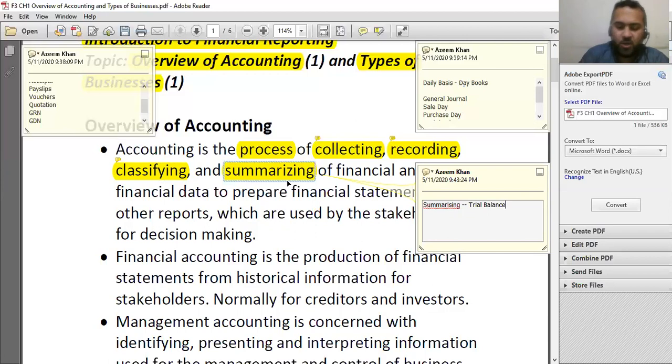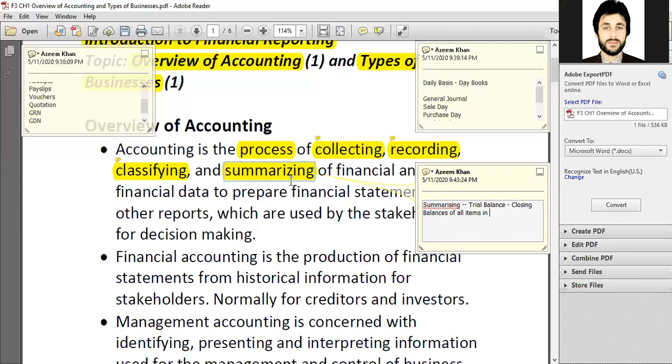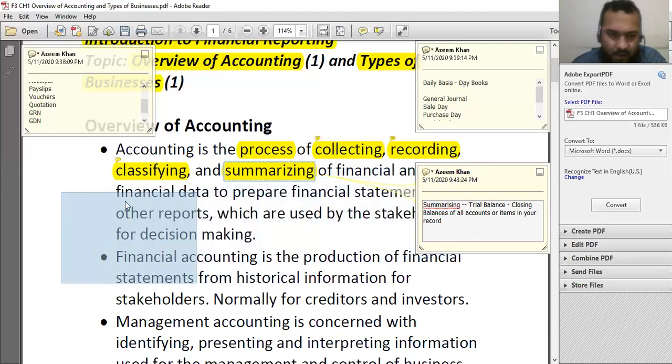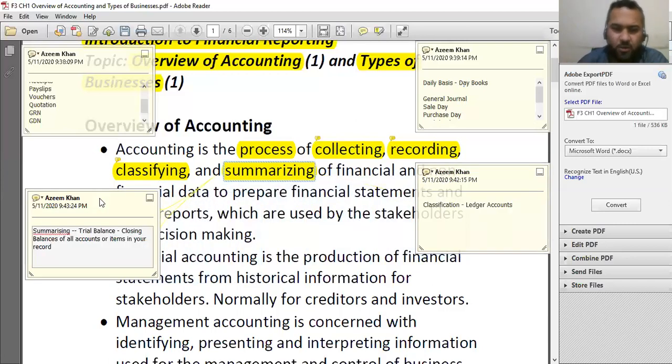What you are doing is showing the closing balances of all accounts or items in your record. So you will only show the closing balance.